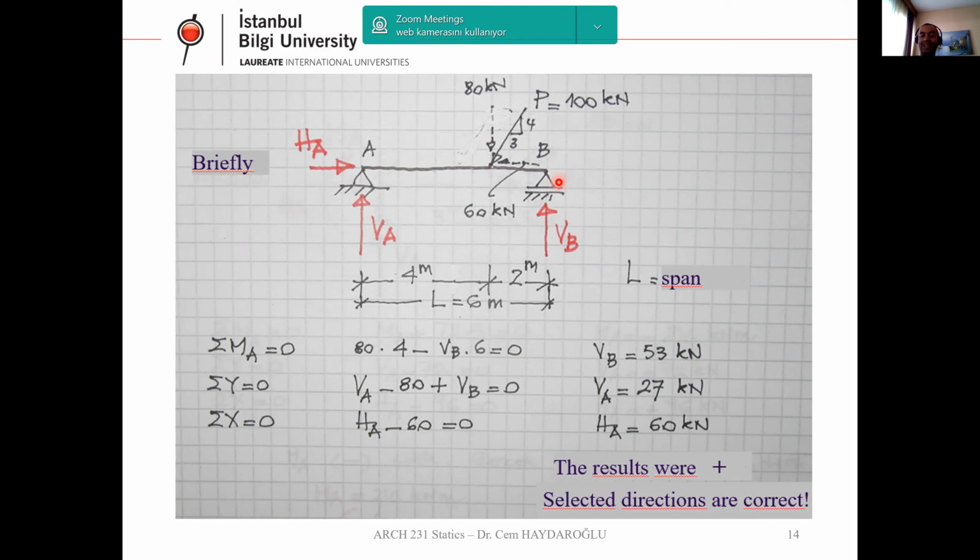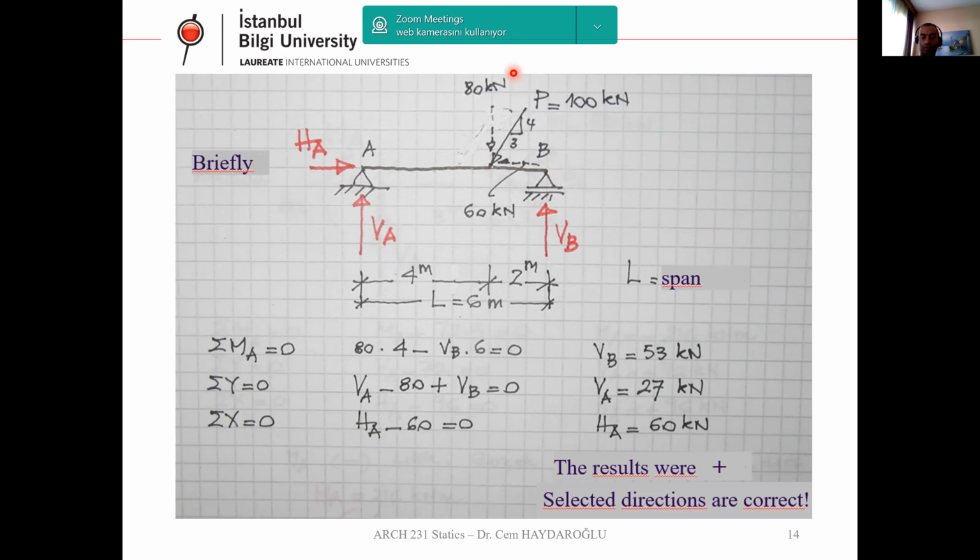If we have inclined forces like this, we resolve them to their perpendicular components. Depending on the given slope, we resolve this 100 kilonewton to two different forces: 80 kilonewton in the vertical direction and 60 kilonewton in the lateral, horizontal direction.